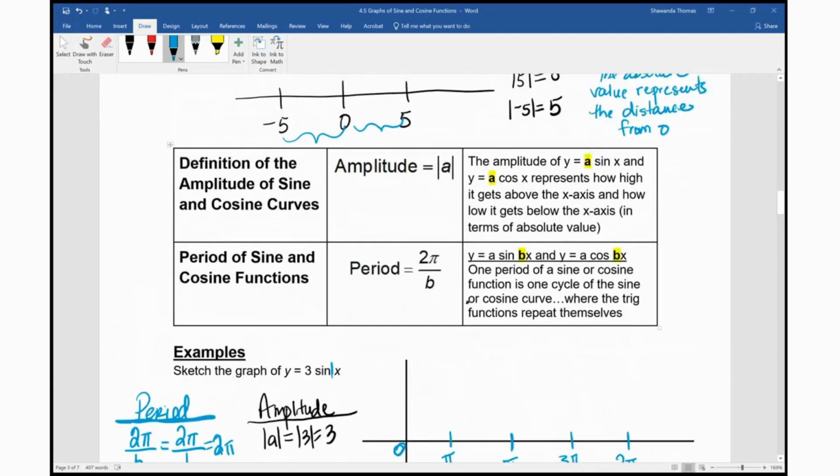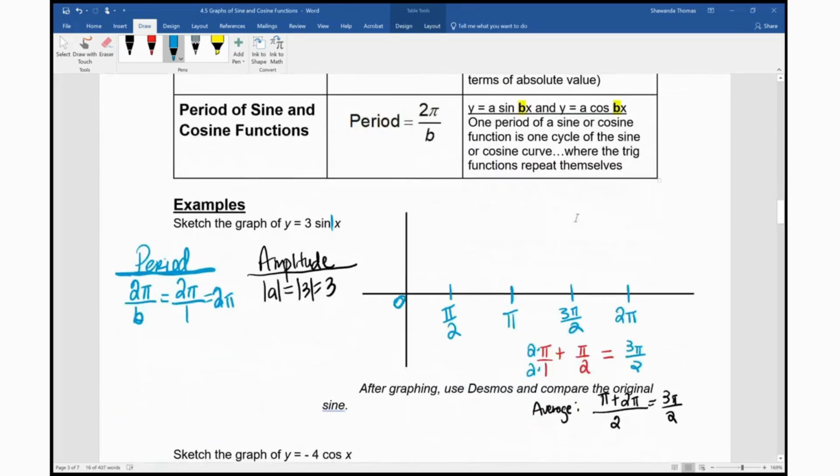So the amplitude again represents how high above the x-axis and how far below the x-axis the graph goes. All right. So let's put on here 3, and let's put -3 down here.